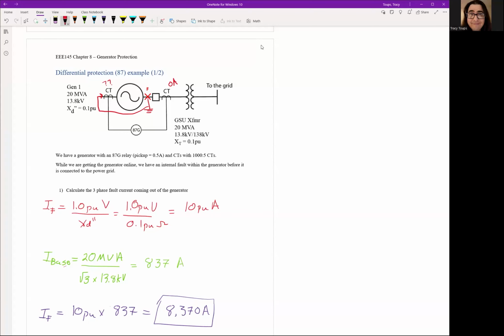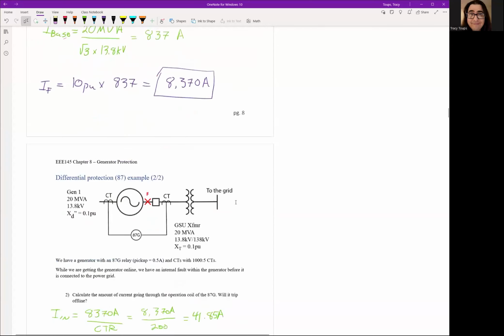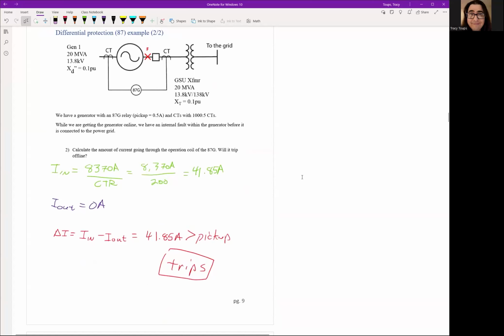So we have 10 per unit multiplied by our base value, which gives 8,370 amps flowing to the fault from the generator. Coming over here, let's figure out what the CTs are seeing. What's coming into our zone is 8,370 amps. We divide by the CT ratio, which is 1,000 to 5, which is just 200.